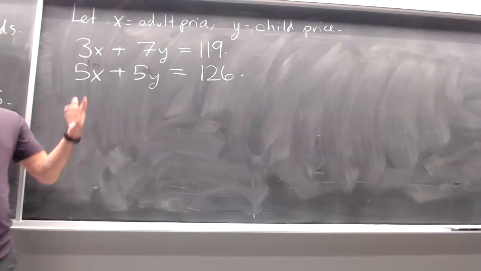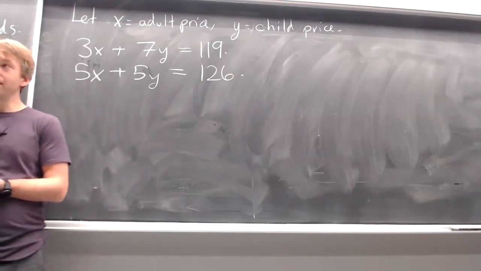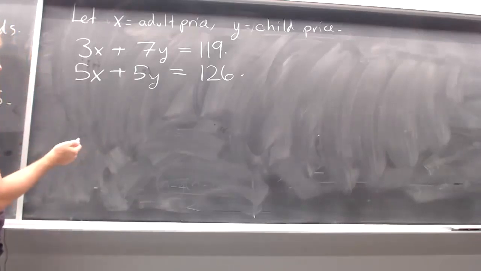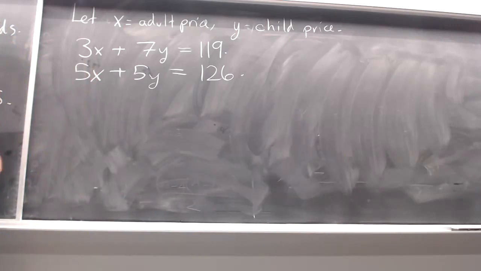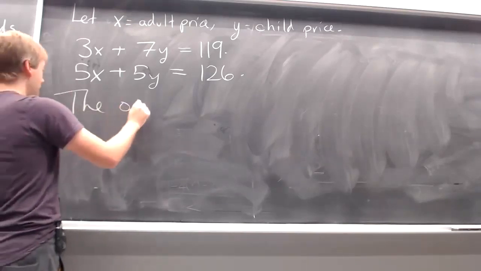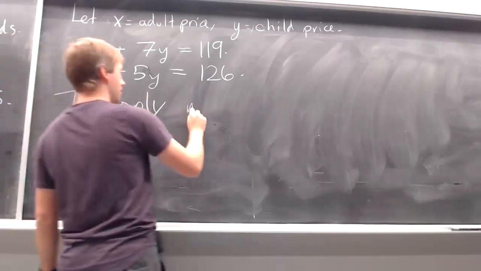Okay, so you might have seen a lot of ways to do this in high school, for example, solving for a variable in one equation and substituting into the other, etc. I would suggest you try to unlearn most of those different ways. Well, don't unlearn them forever, but for the purposes of this course, there's only going to be one method that we use. I'm pretty sure this is the only method we ever use.